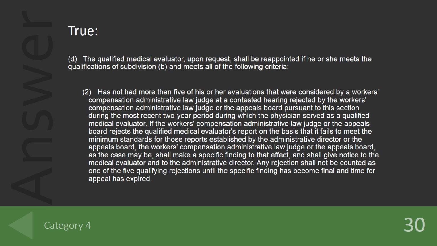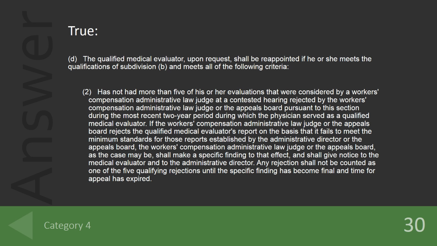So let's review this. It says that the QME has not had more than 5 of his or her evaluations that were considered by a workers' compensation administrative law judge at a contested hearing rejected. Has not had more than 5 of his reports rejected by the workers' compensation administrative law judge or the appeals board during the most recent 2-year period during which the physician served as a qualified medical evaluator.